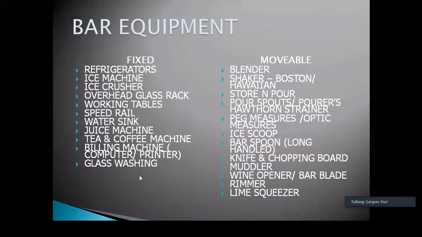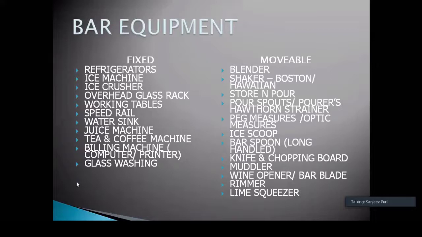And if some guest comes in and asks for a drink to be poured and doesn't specify the brand that he would like to have, what happens? The call brands are going to be served.